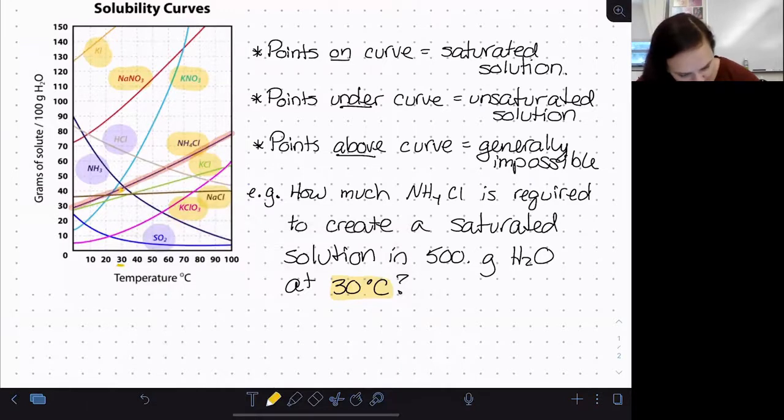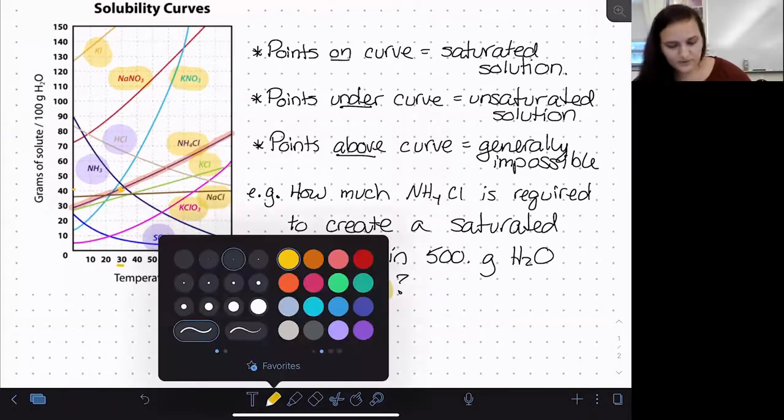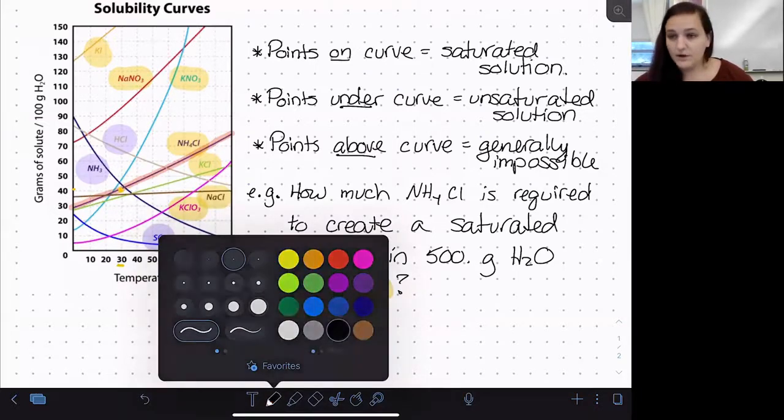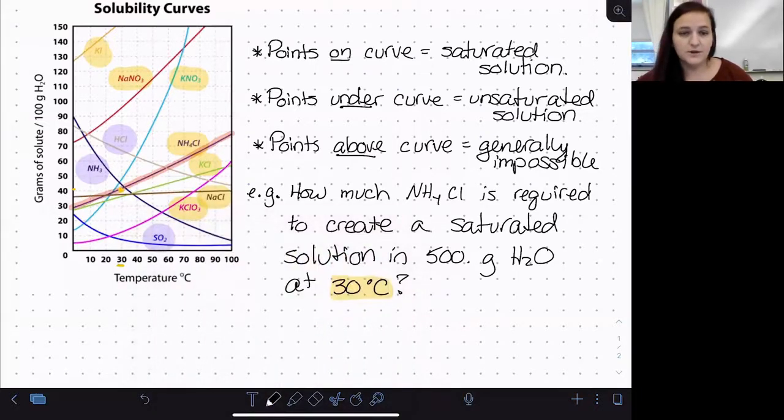We follow that up. We find that we are right about 40, maybe a little bit higher. I'd probably call it 41 grams when we read over to our y-axis. So that to me looks like it's just a little bit above 40 on the curve. You're eyeballing it off a graph. If you don't agree with me, that's fine. I would call it 41. If you're doing something like this where you're reading a graph, there is always a little bit of wiggle room allowed in your visual estimation.